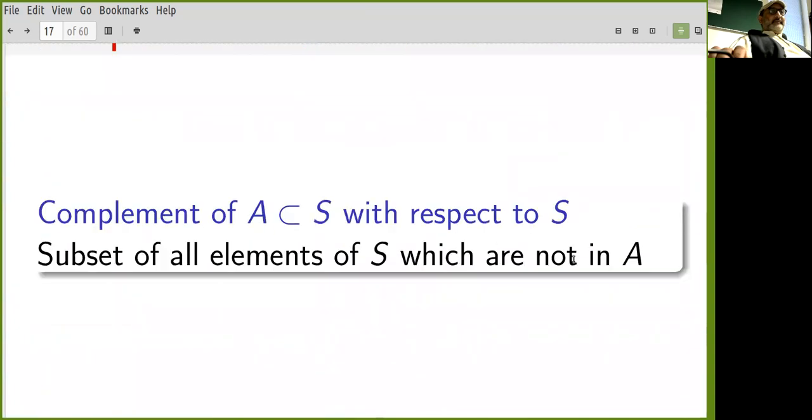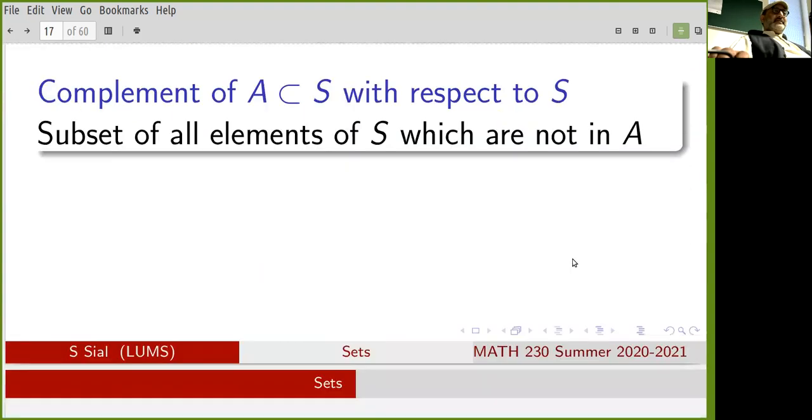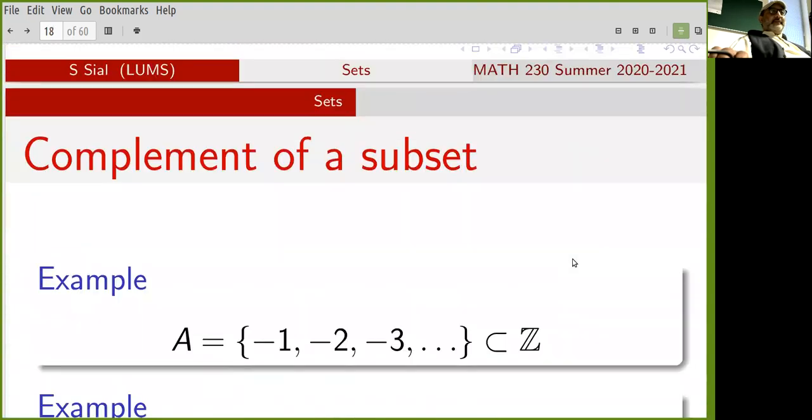Complement of a subset. Let's say we have a set S and we have A as a subset of S. Then the complement of A with respect to S is the subset of all elements of S which are not in A. Here's an example.